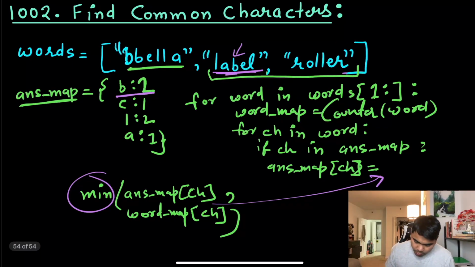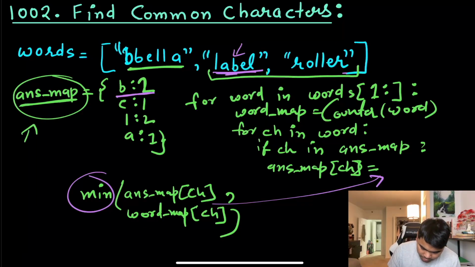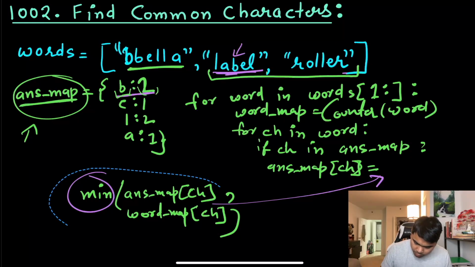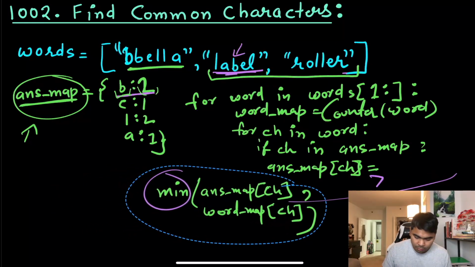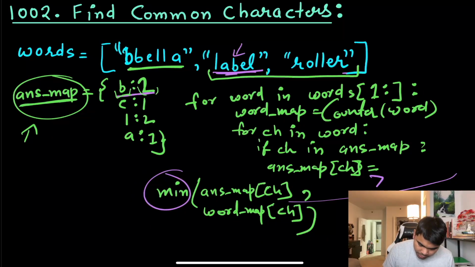In the end, we'll iterate over our answer map, take the key, and append it to the answer. Let me write it right here. I'll move this a little bit to this side. Here in my answer map, let's say in the end what I come across is b1 c1 l twice a once.